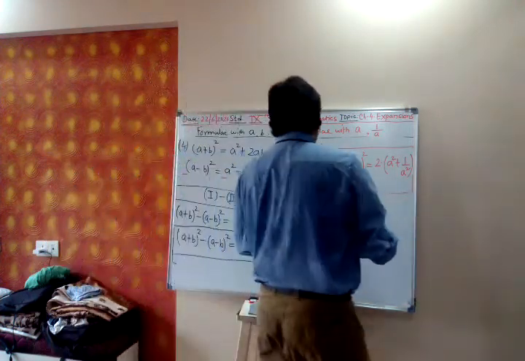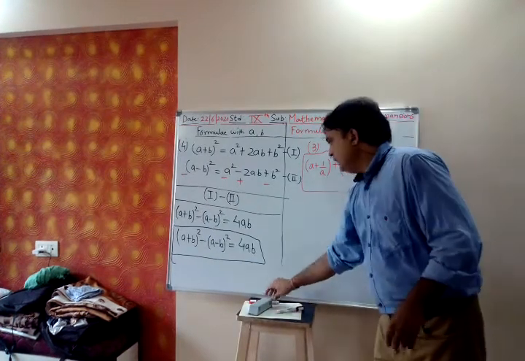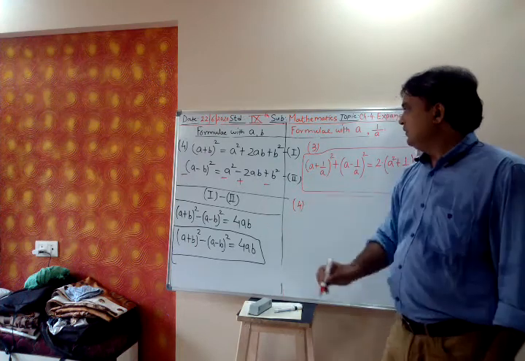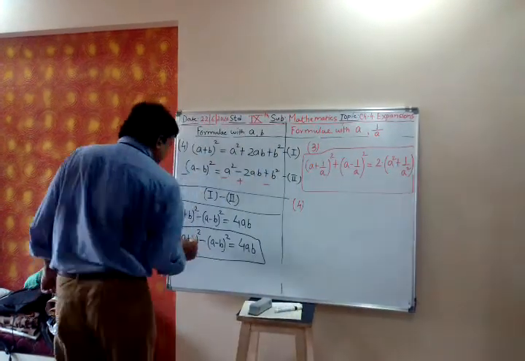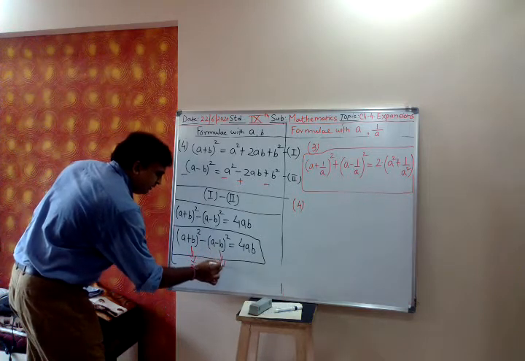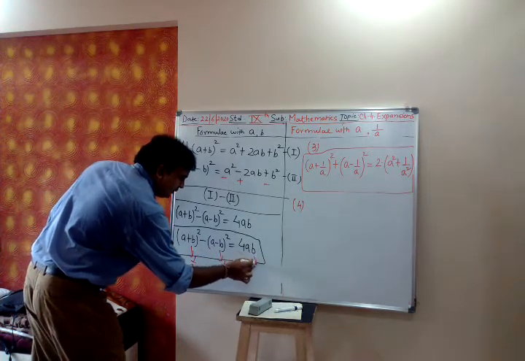Now the same formula we can derive for a and 1 upon a. So replace b by 1 by a.